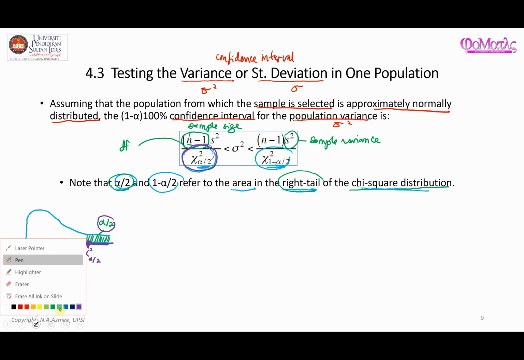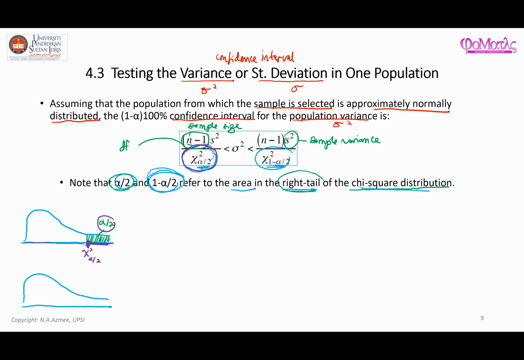Alright, now let's move on to the next symbol, which is this one. If I sketch the chi-square distribution, it's going to look like this. The area here is definitely much larger than this one, because here we have 1. You know that the total area under the curve is equal to 1.